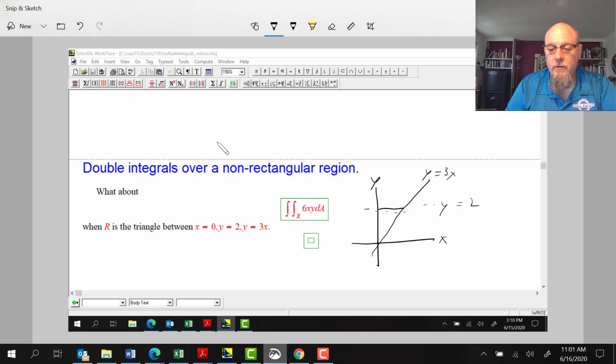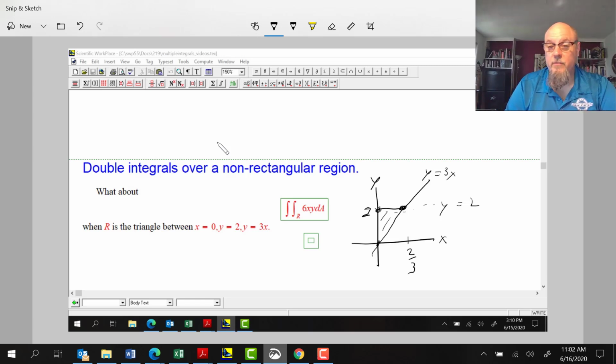So this is the triangular region that we're looking for. When y is equal to 2, x has got to be 2/3, right? And so this is the region over which we're integrating. Not rectangular, so I have to be careful.